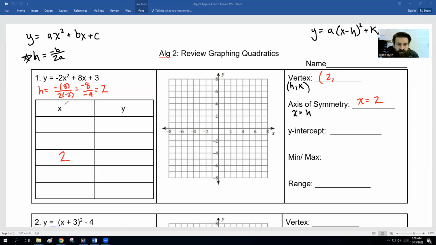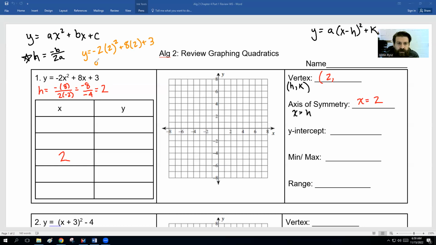To find our k value, we're going to take that number and plug it into the equation. I don't have a lot of room here, so I'm just going to write off to the side. To get k, we're going to take our equation, but we're going to change the x's to 2 because that's what our h is.